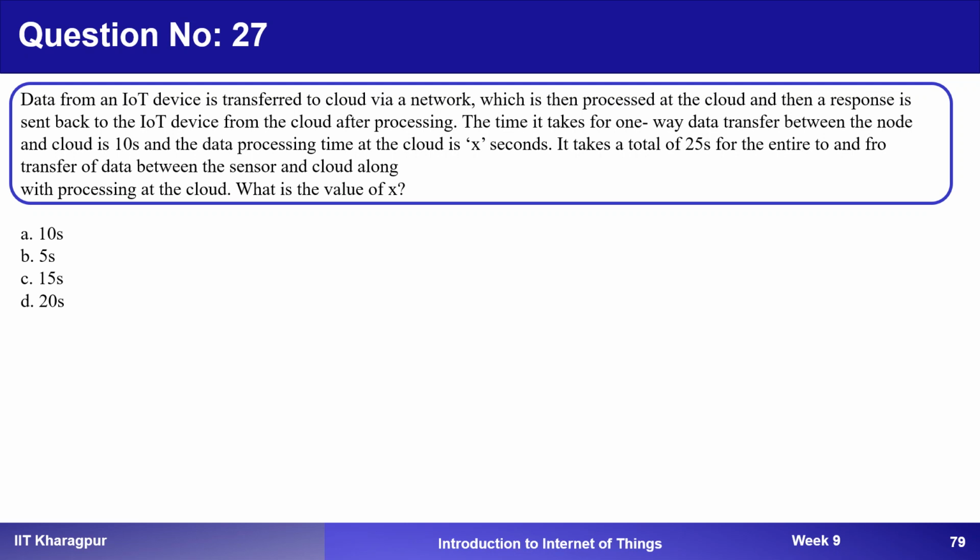It takes a total of 25 seconds for the entire to and fro transfer of data between the sensor and the cloud with processing at the cloud. What is the value of x? Option A is 10 seconds, B is 5 seconds, C is 15 seconds, D is 20 seconds.